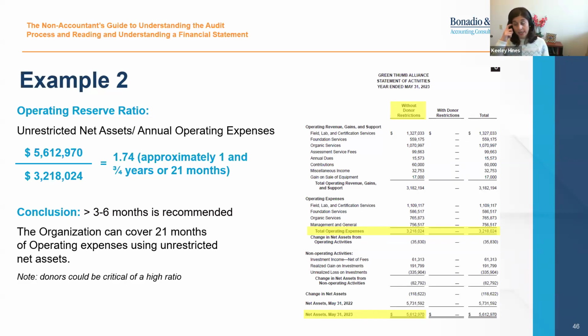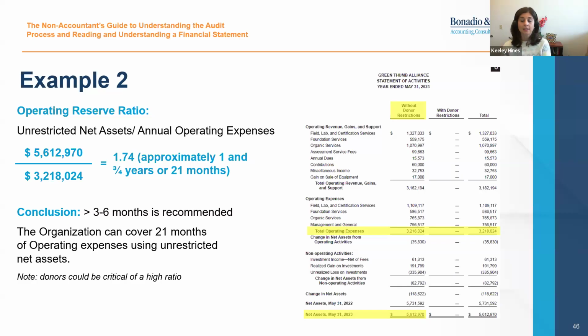In this particular case, this organization can last almost 2 years just using the net assets to support expenses of 3.2 million. So if you maintained a consistent budget, give or take, you would be able to exist for just a little less than 2 years without generating another dollar of revenue.